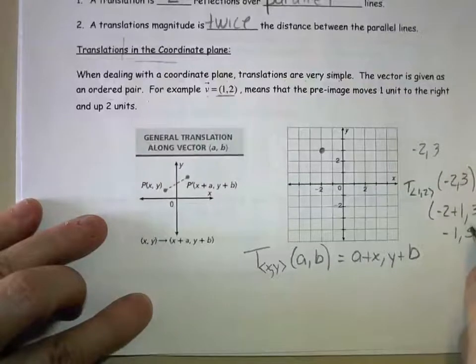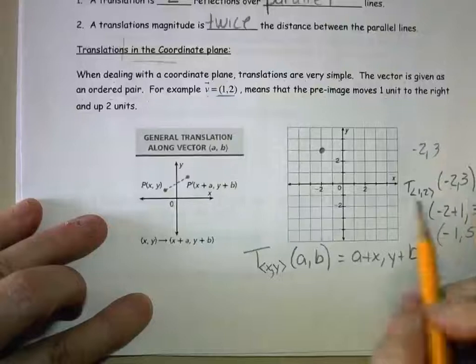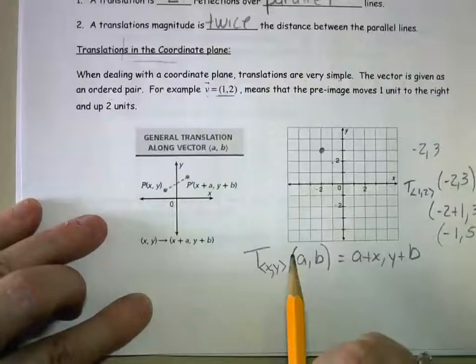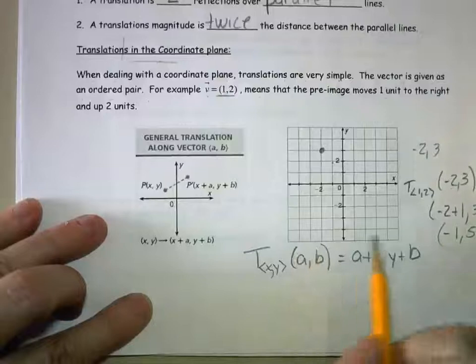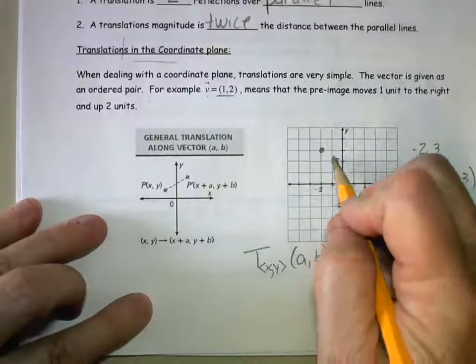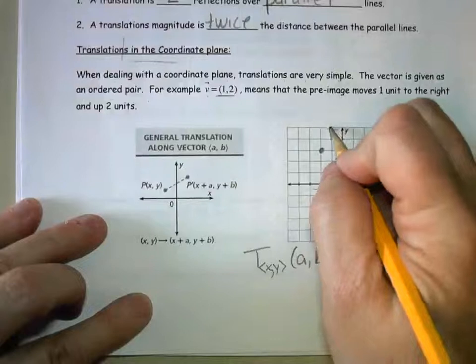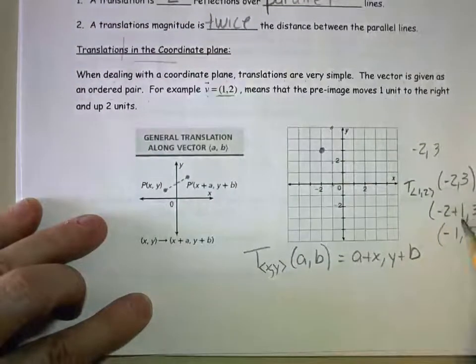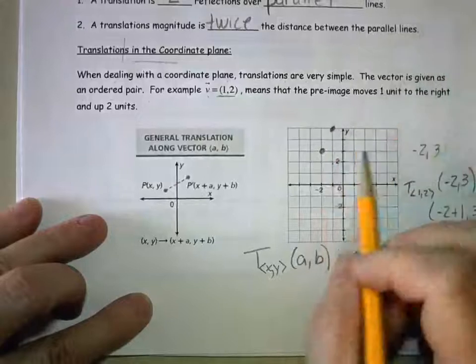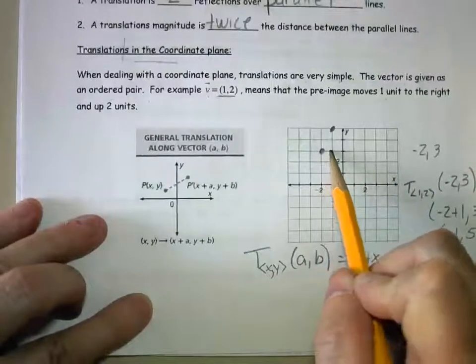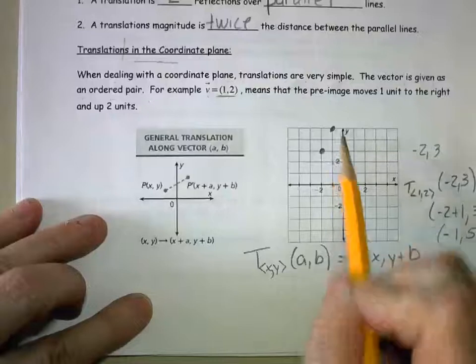Our new point would be -1, 5, which would be right here. And you'll see we moved 1 to the right and then up 2.